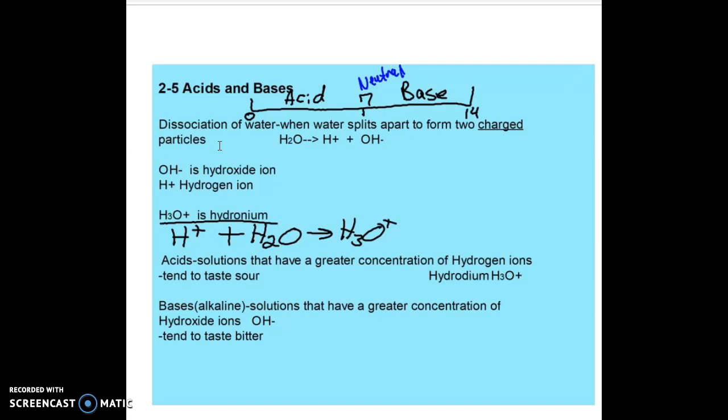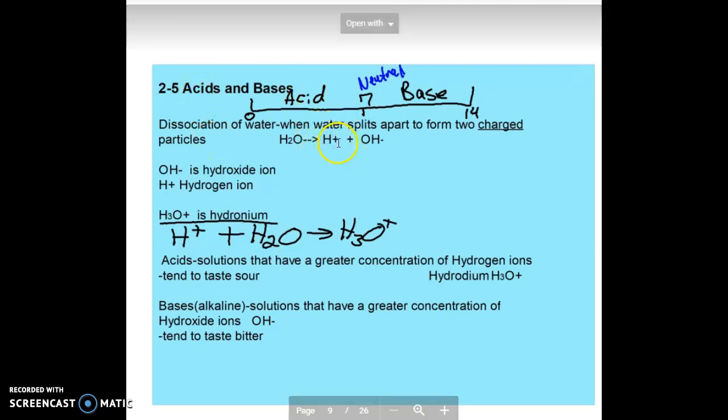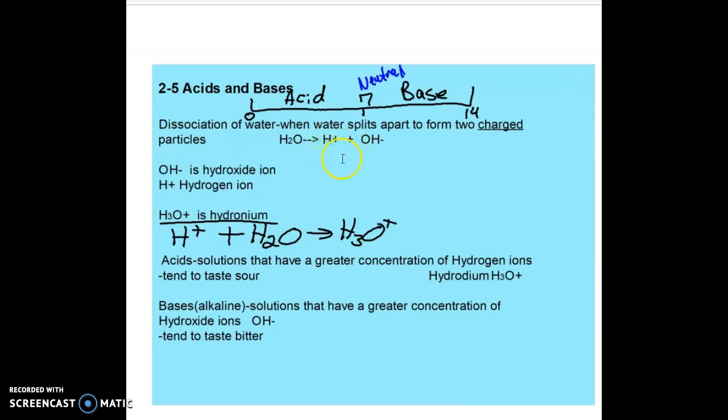Remember, ions are charged particles. It forms a hydrogen ion, which is positively charged, and a hydroxide ion, which is negatively charged. It's an oxygen and hydrogen bonded together that collectively we call a polyatomic ion. Poly means many. So it's an ion that has more than one atom associated with it.